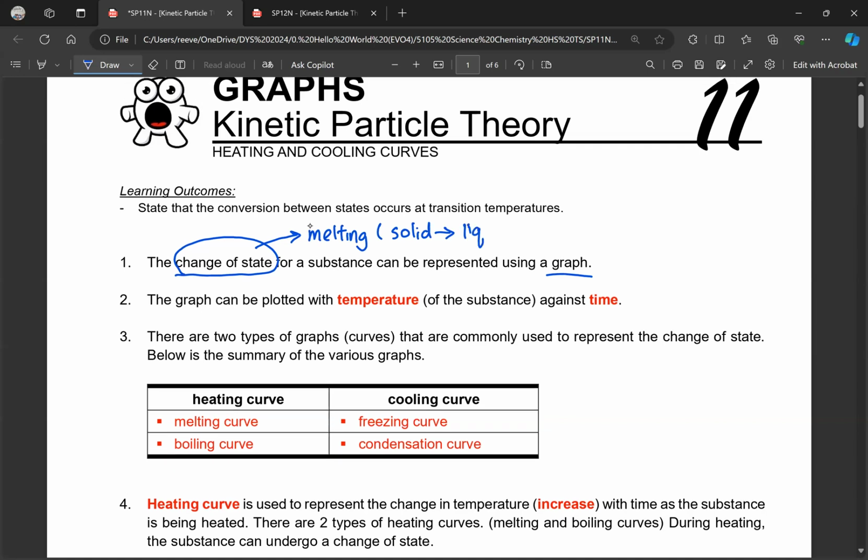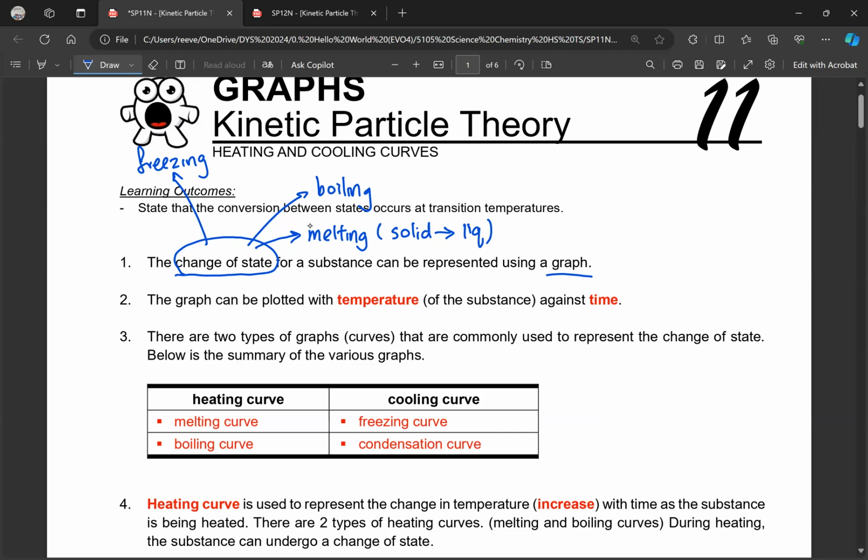That's also a possible change of state. If not, you can have boiling, you can have freezing, and so on. All these, boiling, freezing, melting, condensation, sublimation, can be represented using a graph.